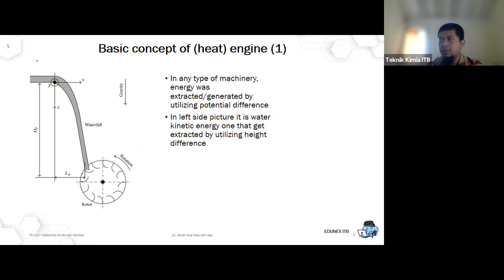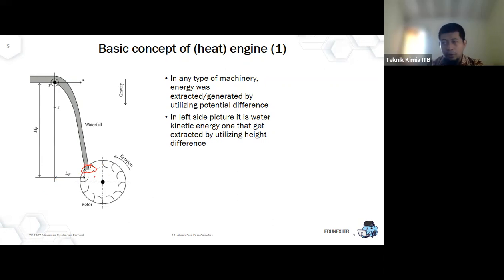Here is the potential energy, and the downside is the kinetic energy. Energy always flows from the higher potential to the lower one, and we always want to put some kind of engine in there so that we can get a rotation work or some peristaltic work. I mean, we want to utilize that.